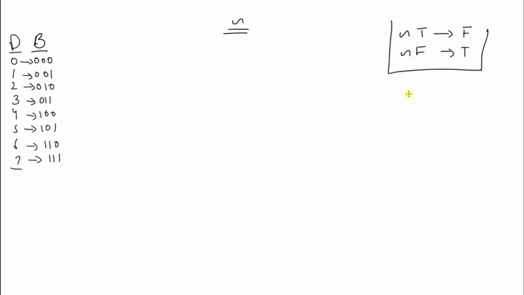So if it is applied with 0, the result would be 1, and if this is applied with 1, the result would be 0 here, okay. So this is the job of this one. So these operations are always on binaries, okay. If I'm talking about these operations, they are always performed on the bits, okay. So a 0 bit will become 1 and a 1 bit will become 0.